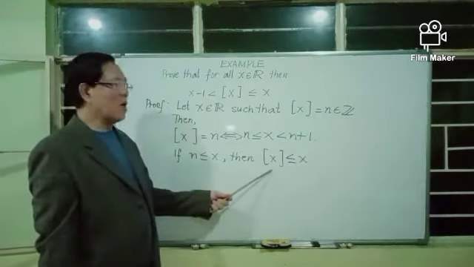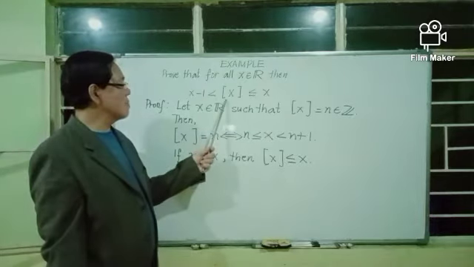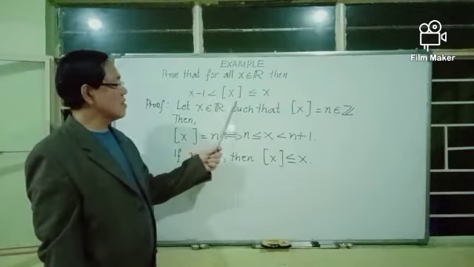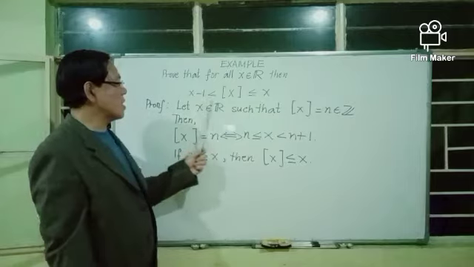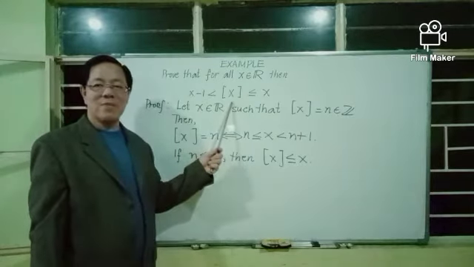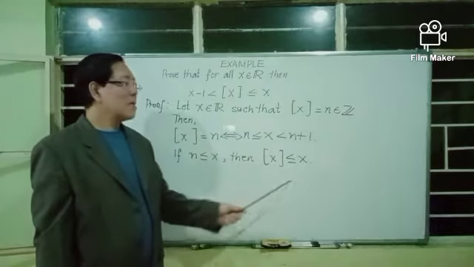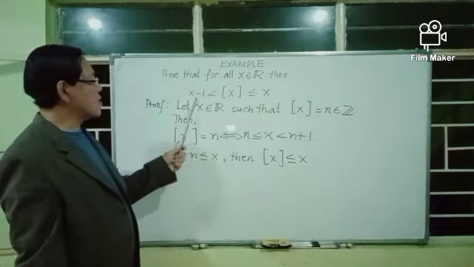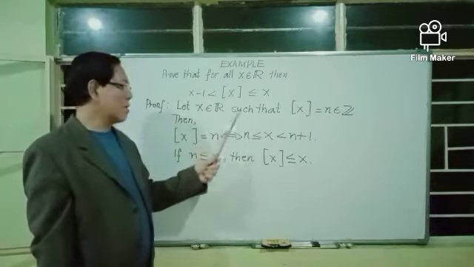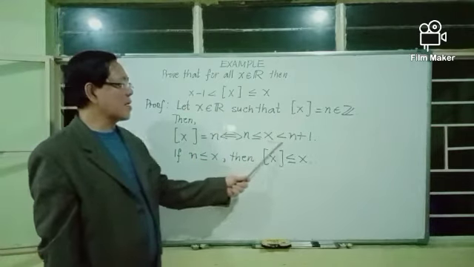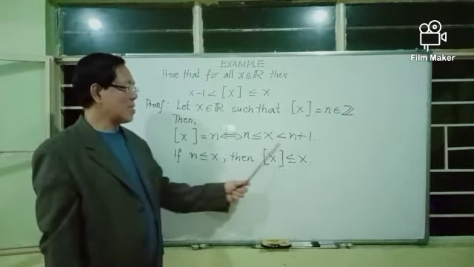And so we already obtained the second part of this inequality: the greatest integer function of x is less than or equal to x.